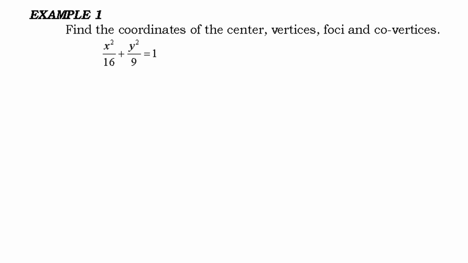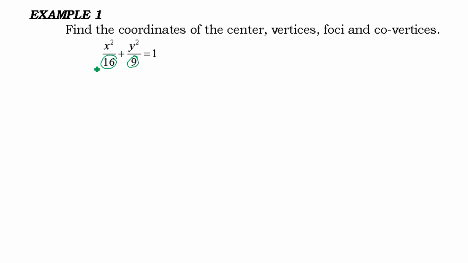Okay, now, as we can see here in the equation, of course, 16 is greater than 9. And then 16 is the denominator of x squared, meaning the ellipse has a horizontal major axis.